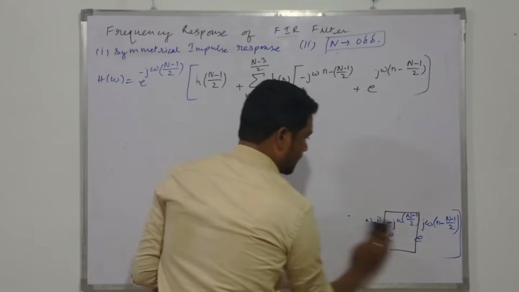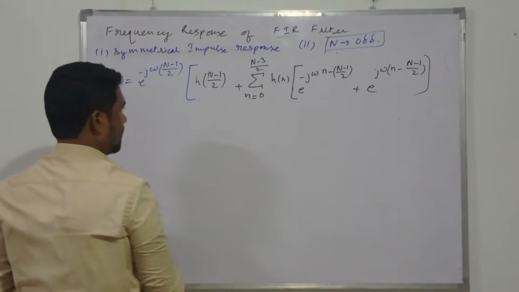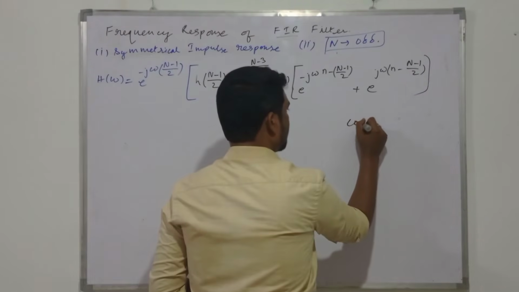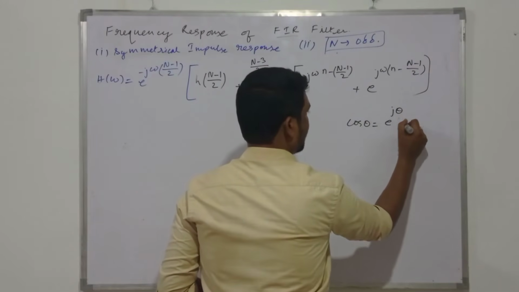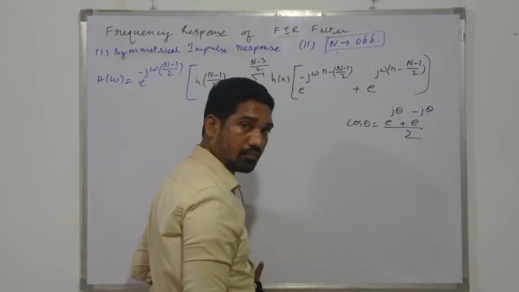Guys, remember Euler's identity in terms of exponential. What is cos theta? According to Euler's identity, cos theta is equal to (e raised to j theta plus e raised to minus j theta) by 2, right?